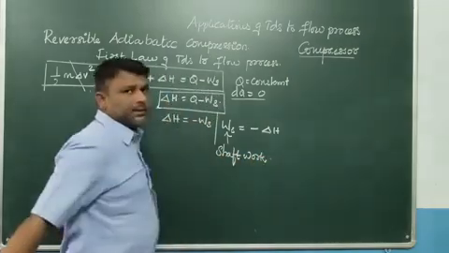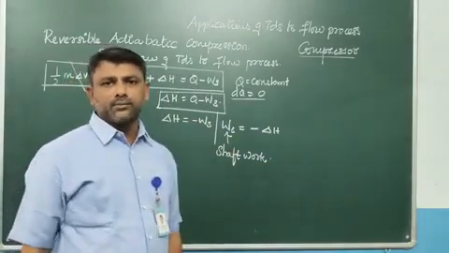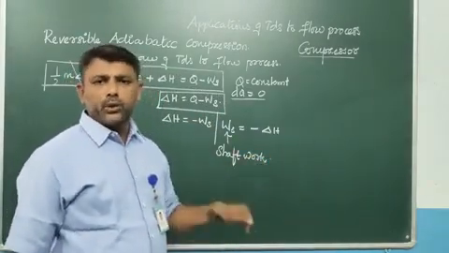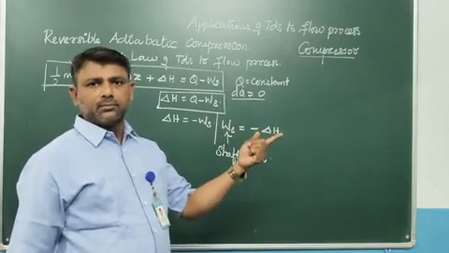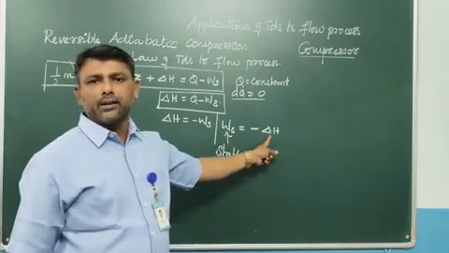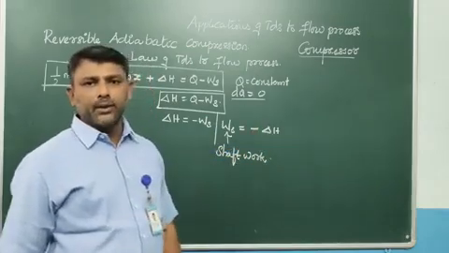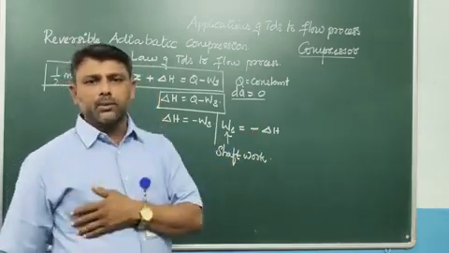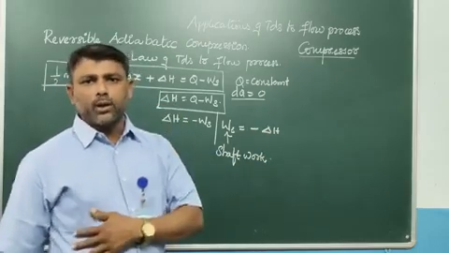Clear? Right. Since this is an adiabatic process, the energy utilized by the compressor to compress the gas comes from its internal energy or enthalpy, a decrease in enthalpy. Clear? The process is reversible. Moreover, it is adiabatic.